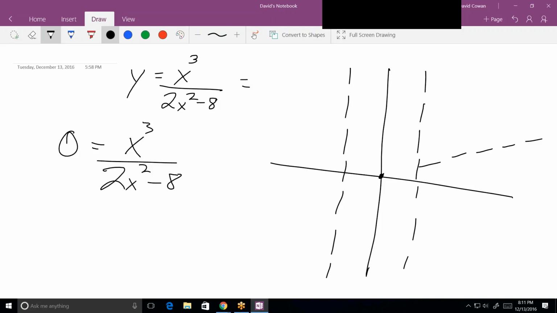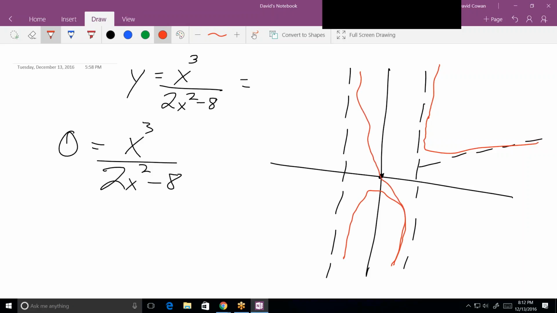This thing is hyperbolic in nature, which means it looks something like this, most likely. In other words, it's asymptotic to all my asymptotes. And then it does something in between, usually. It either does that or it does this.